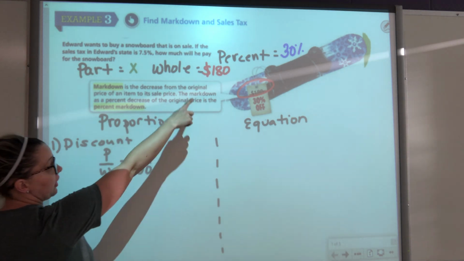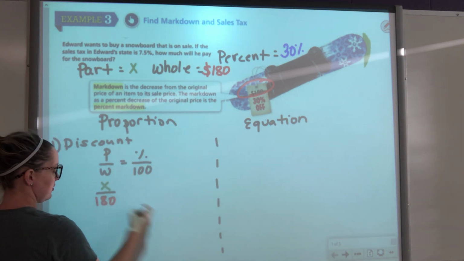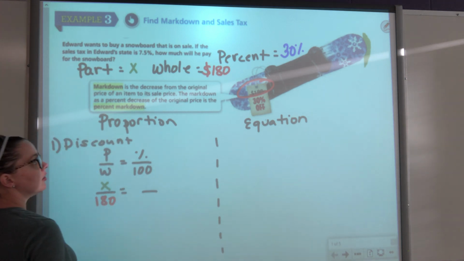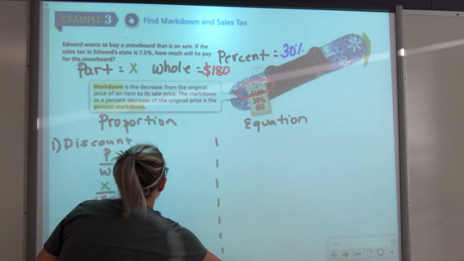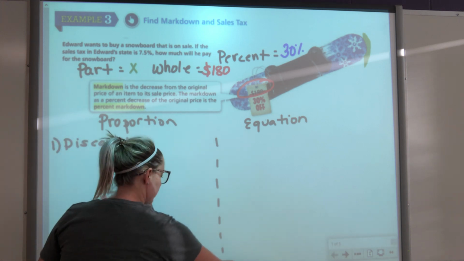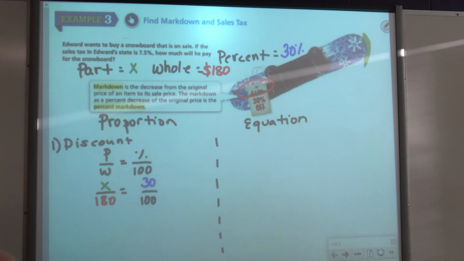We know the cost of the entire item is $180. Our percent is 30, and then we know every percent always goes over 100.